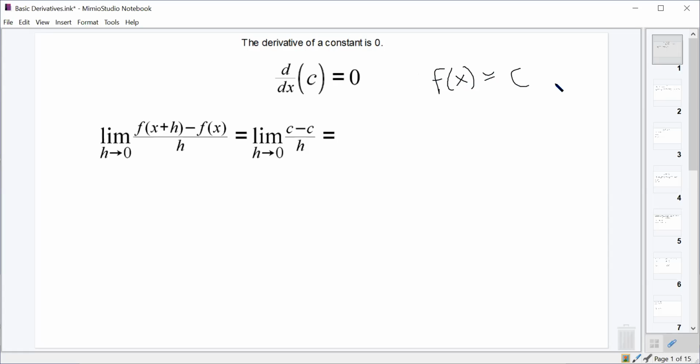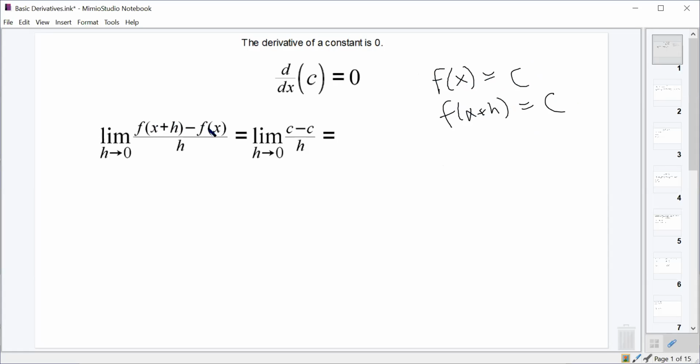Do I have any x's over here? No, so f of x plus h is just c. It's just that number. f of 2 is c, f of 11 is c, f of -5 is c. It's just this constant.